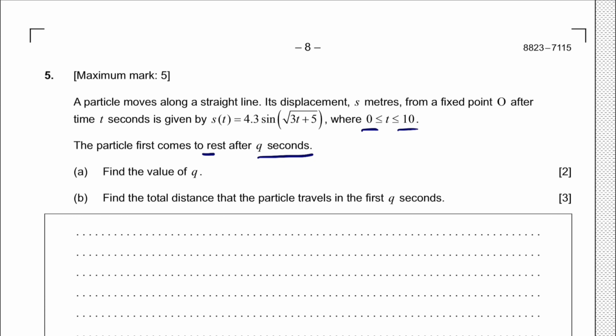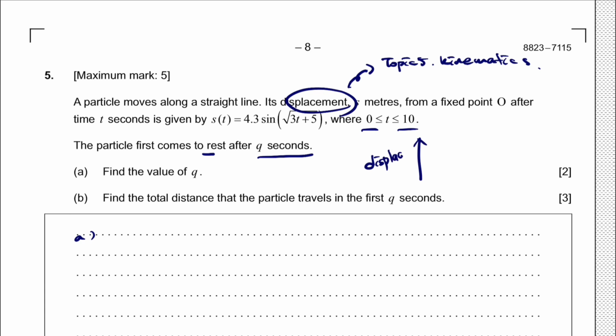When you look at this question, it talks about displacement. That means this is a topic 5 kinematics question. So for question A, we know that the y-axis is the displacement and the x-axis is the time. Since we need to find the value of q, which is the x value, we have to differentiate the function s.